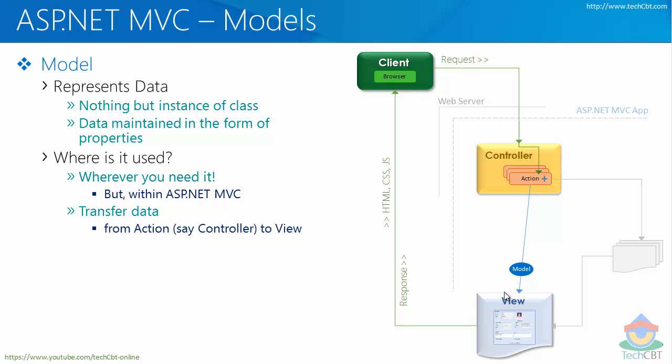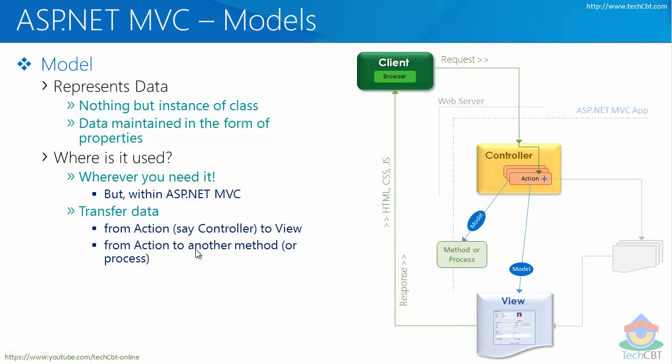And the view is going to honor that model and bind all those user interface elements to the respective model, generate the HTML and send it back to the browser. So you are transferring the data from action to view using model.